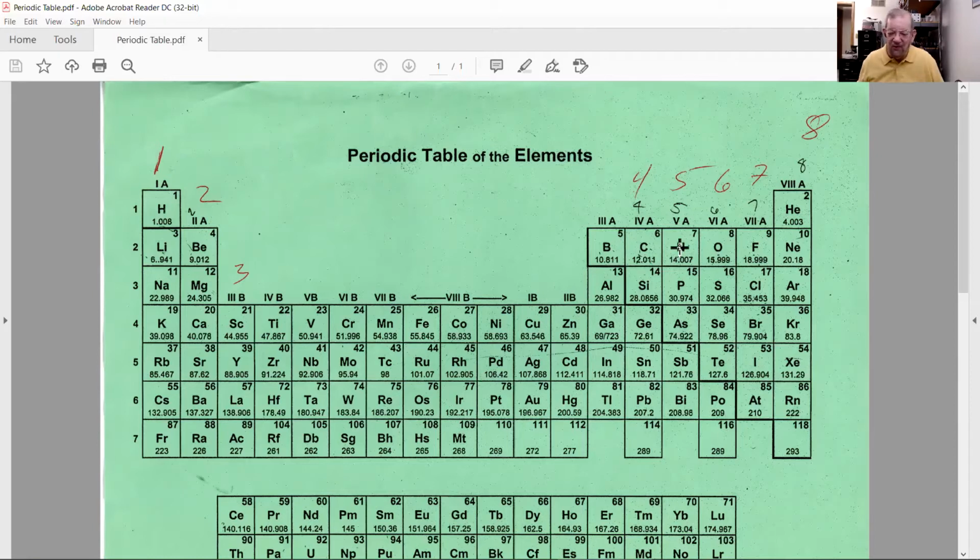Ooh, let's do a good one. How many valence electrons does bromine have? Your turn. Time's up. Bromine is Br. The atomic number doesn't tell you valence electrons.